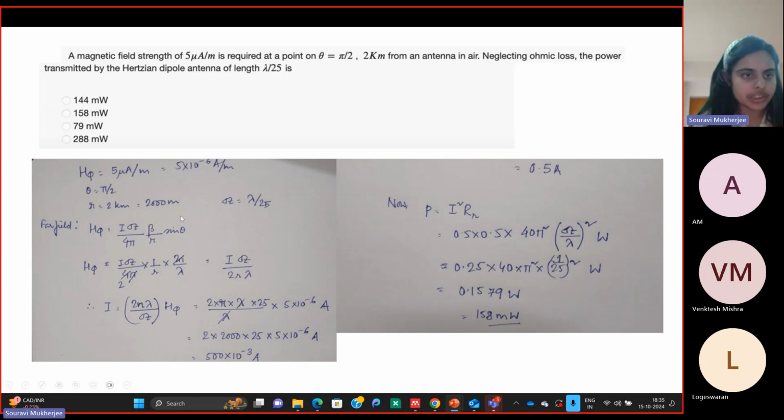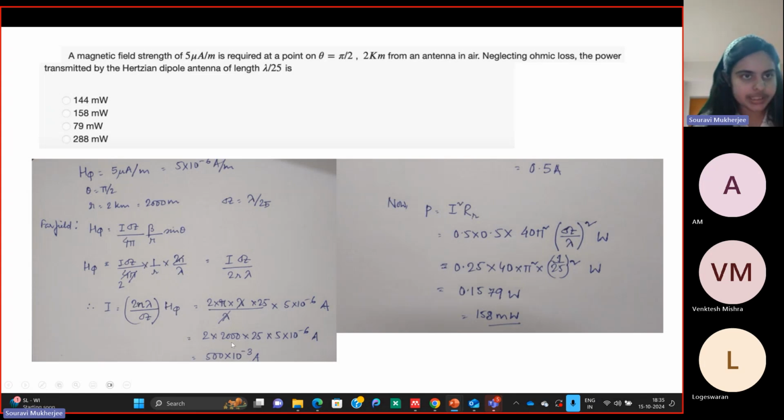So that means you are in the far field regime, and there you have to consider this expression of your magnetic field. Okay, so you have just the 1 by R term here. And now you substitute all the conditions that are already specified to find an expression for the current. Your H phi is given, your delta Z is known, lambda is known, R is known, so you have to find the current. So this is the current that is flowing through your dipole antenna.